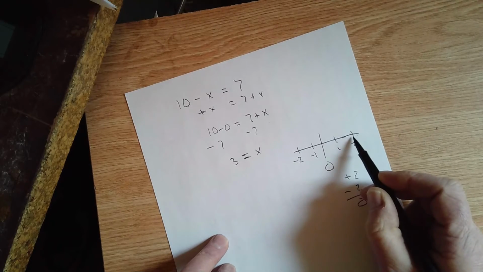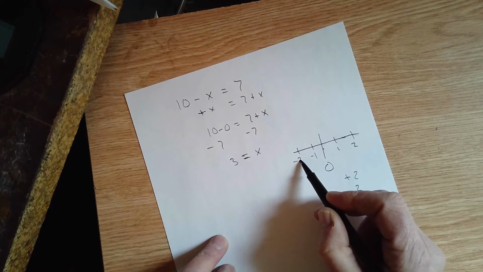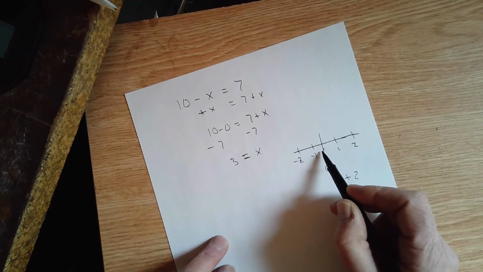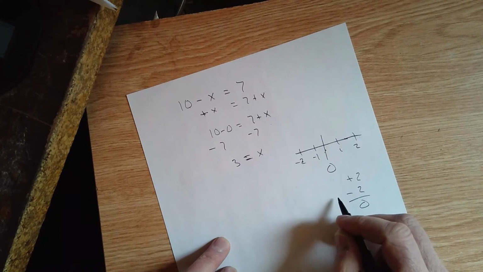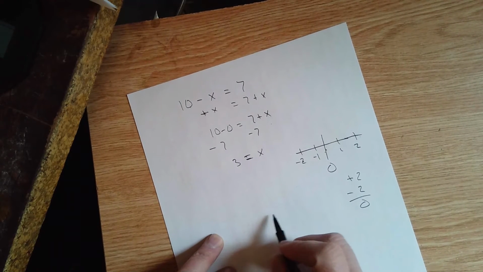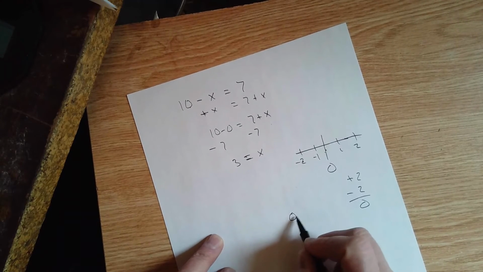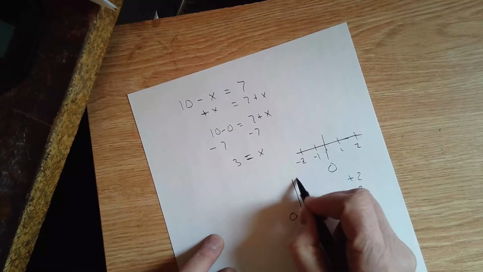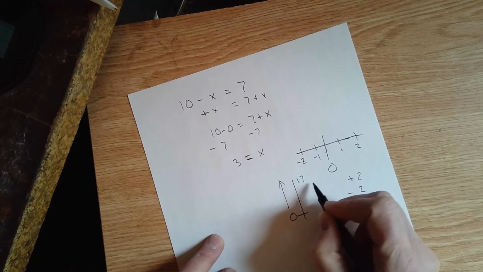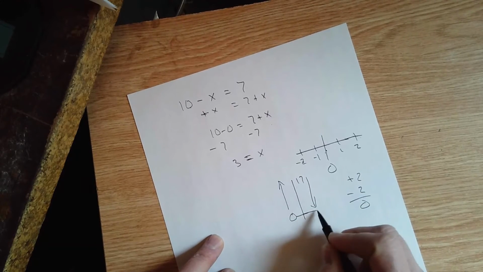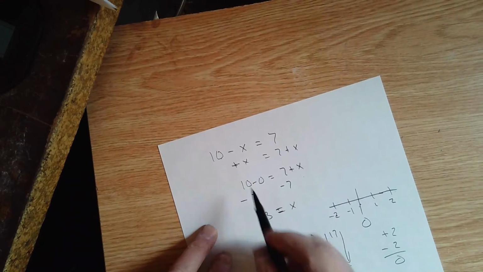If I've got negative 2 and I add 2 to it, I get 0. If it goes up 17 degrees and goes down 17 degrees, you end up at 0. When you add the opposite, you get 0. When you add the opposite of x, you get 0.